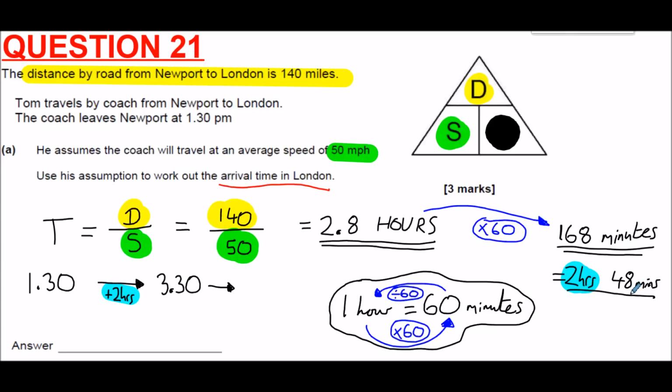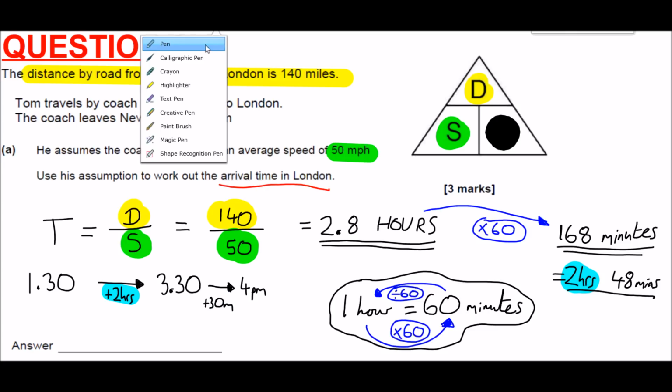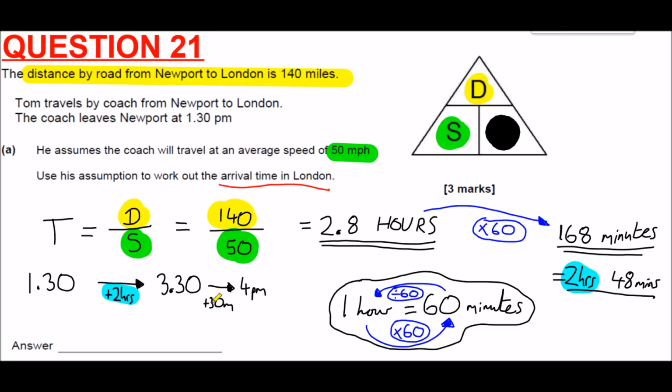Then another 48 minutes time. 3:30. Well, how long would it be to get to 4 o'clock? From 3:30 till 4 would be an extra 30 minutes. So that takes us to 4 o'clock.